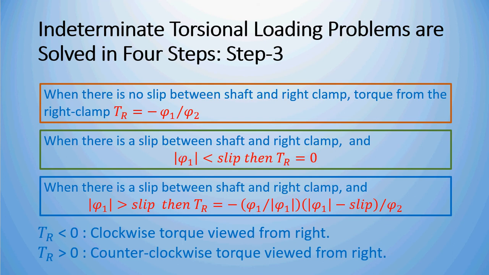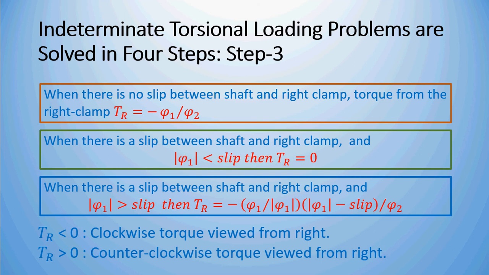In the other case, there is an allowed amount of slip between this right clamp and the shaft. The shaft can twist a certain amount before this right clamp catches and applies a reactionary load. In this case, you need to check the magnitude of your net twist 1, whether it is less than or greater than the allowed amount of slip.